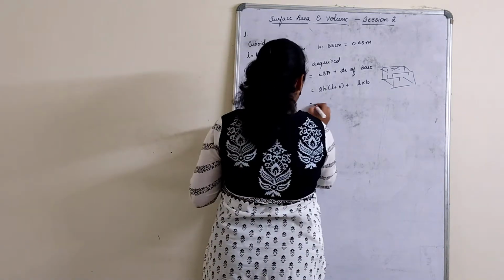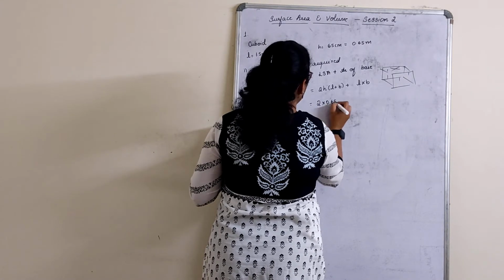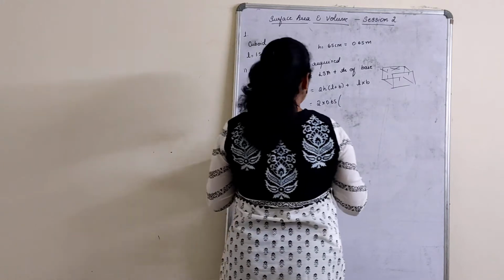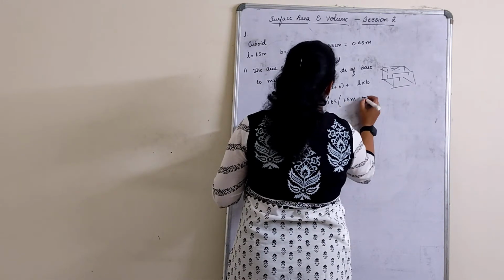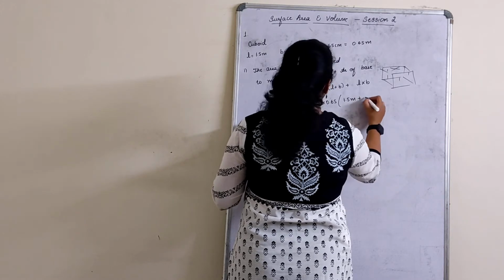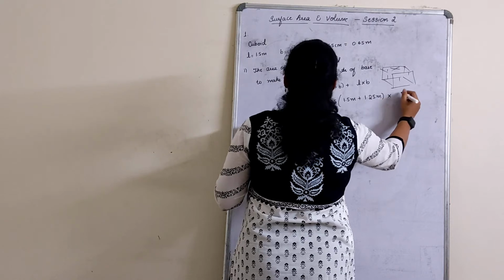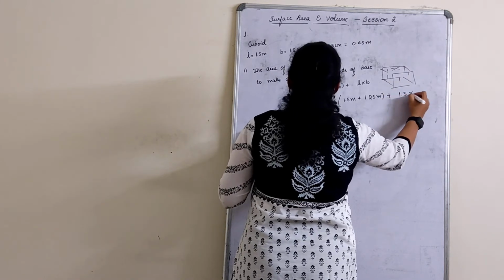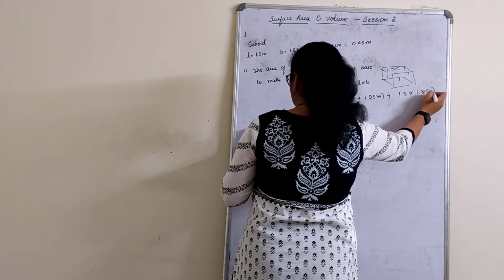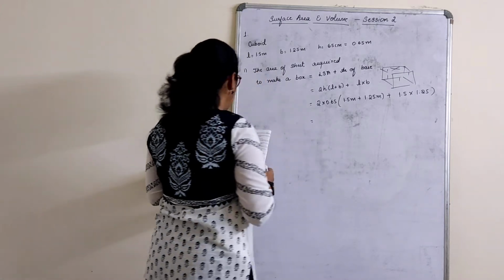So if we have to substitute, this is 2 into 0.65 of length. Length is how much? 1.5 meter plus breadth is 1.25 meter, plus 1.5 into 1.25. So multiply and get this.